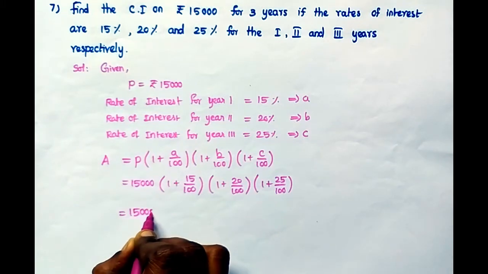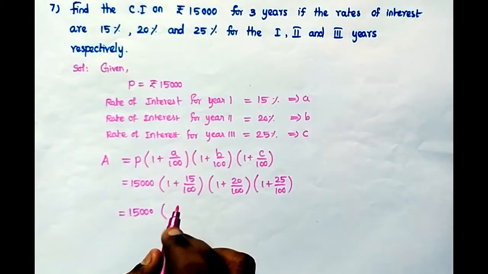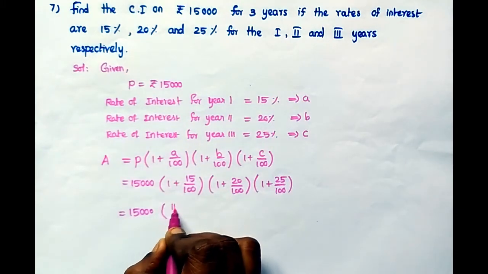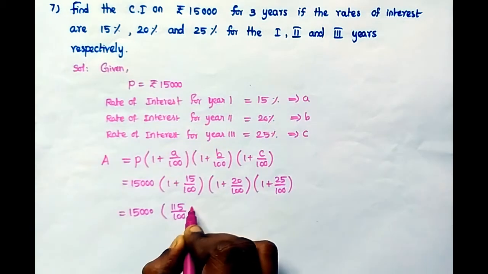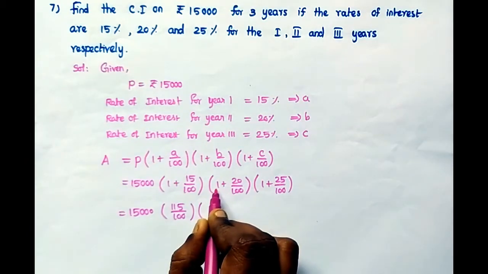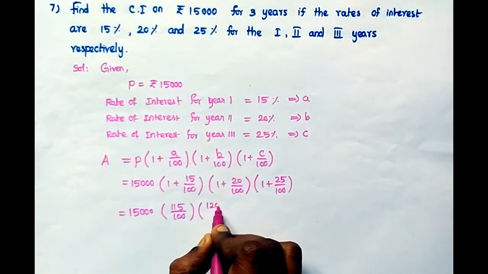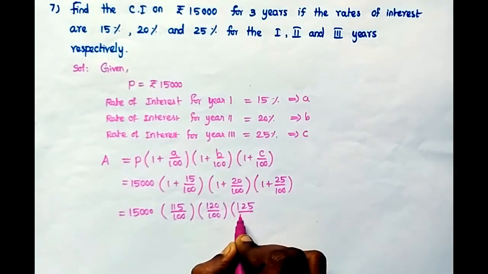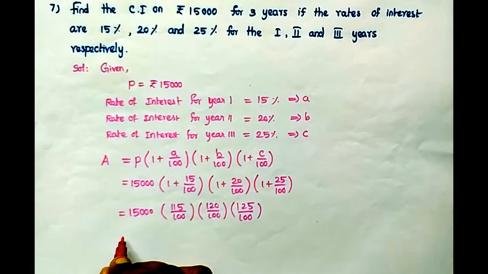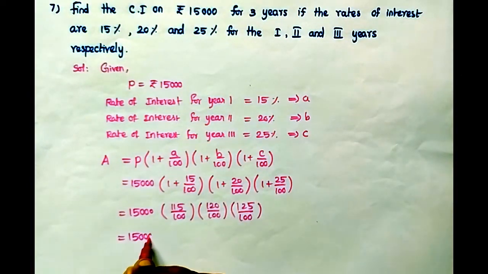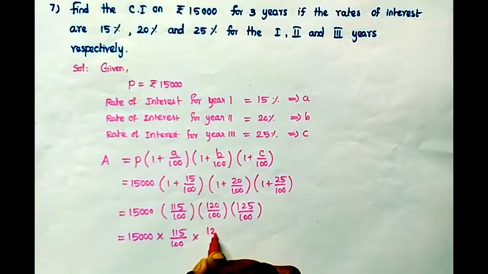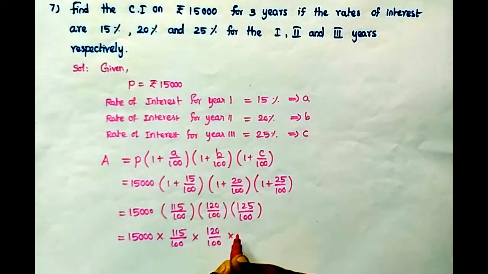Now 15,000 into 100 into 1, 100 plus 15, 115. Here 100 into 1, 100 plus 20, 120 by 100. Next 125 by 100. Write down like this. 15,000 into 115 by 100 into 120 by 100 into 125 by 100.